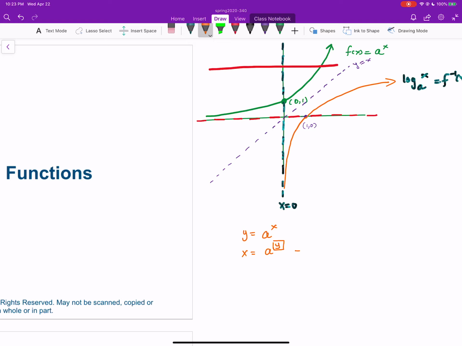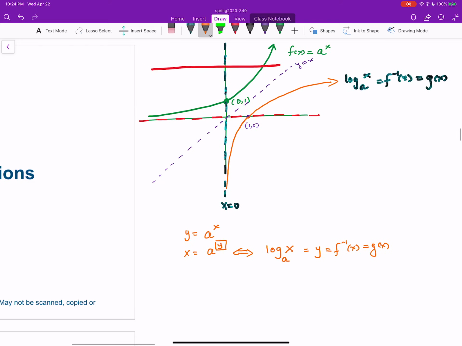But if you convert it from an exponential to a logarithmic function, we end up with log. The base is a. We know that every log returns back to us an exponent. So I know that the output is going to be y, and then the argument is right there. So this is what we are calling the f inverse, which in my case I called g of x.